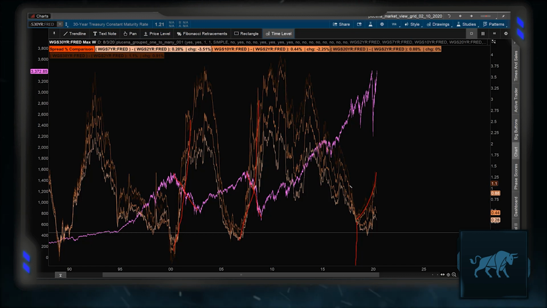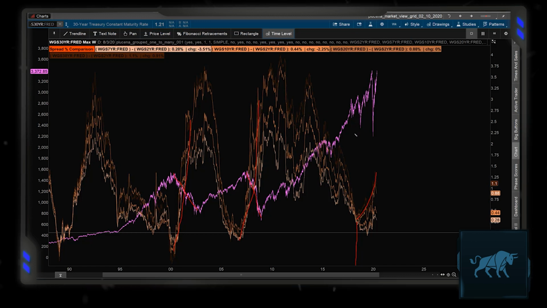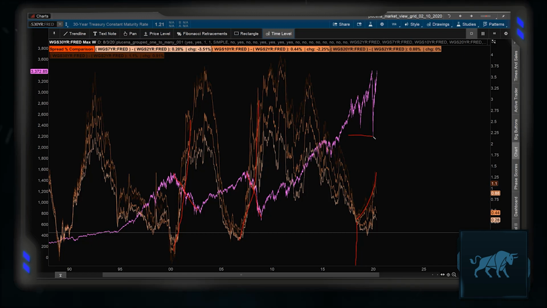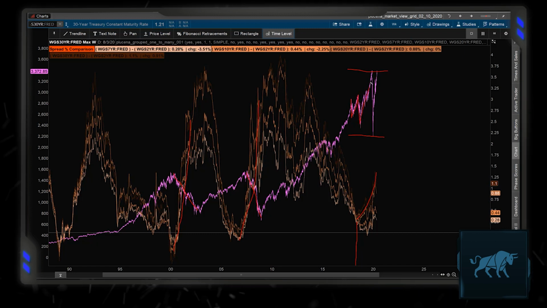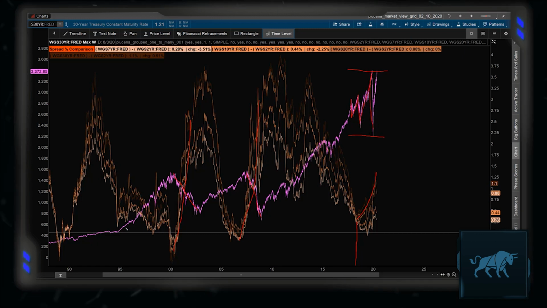So if yields are rising, we've begun to see a period of very strange activity in the SPX, where the pattern of higher highs and lows is completely unlike the pattern that we were looking at prior.